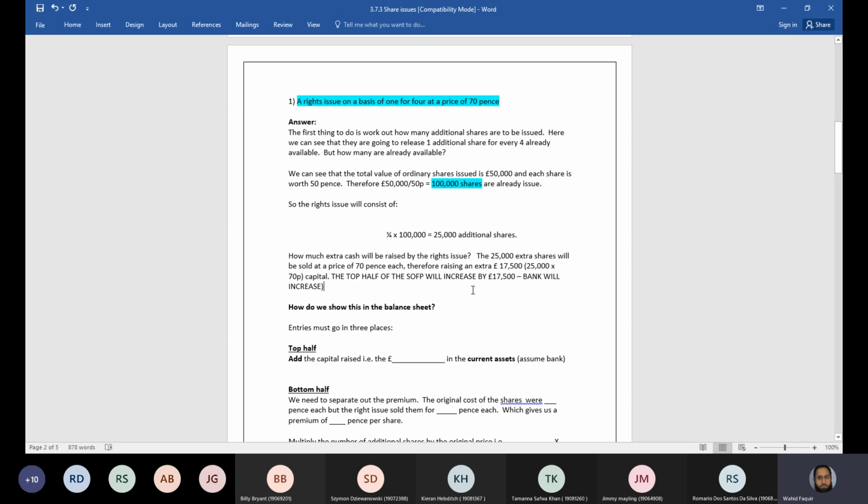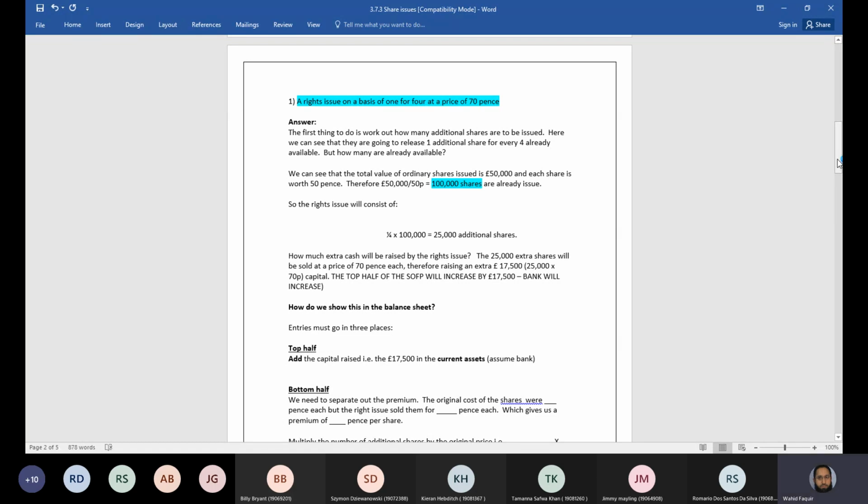If that's the amount of capital that they've raised, that's how much bank will increase by. So that's the top half of the statement of financial position. What about the bottom half? Well, let's just replicate that information there first of all. Add the capital raised to current assets bank. Top half is going up by 17,500. Bottom half should also go up by 17,500.